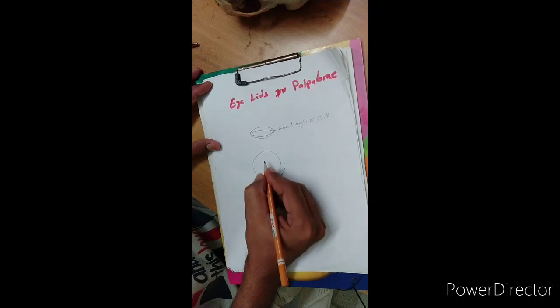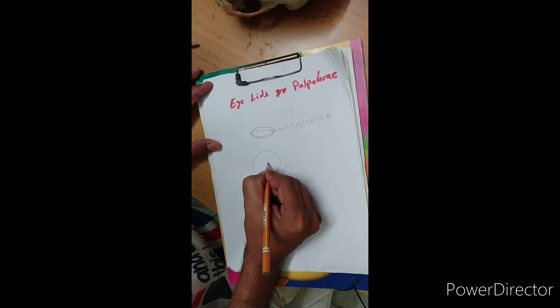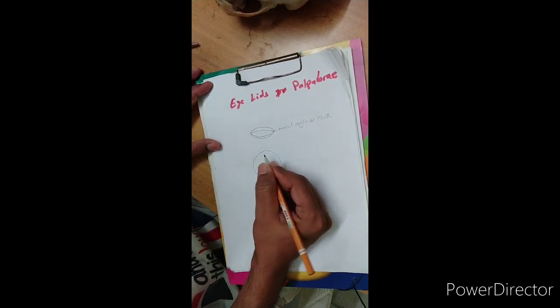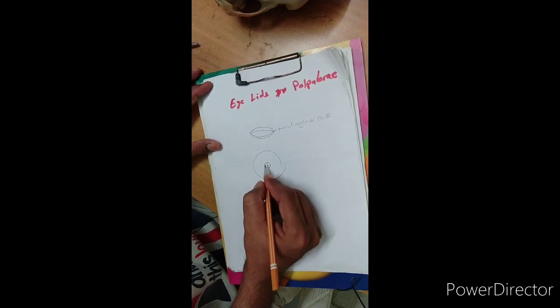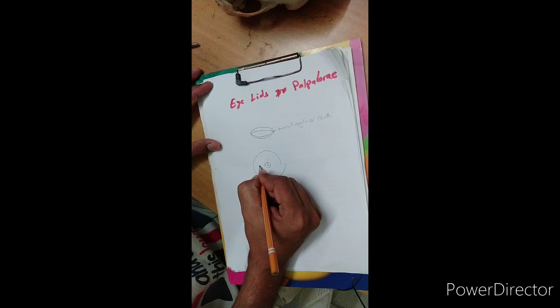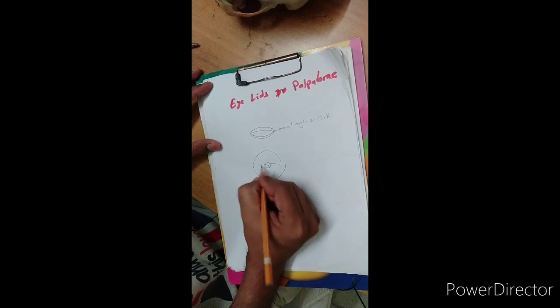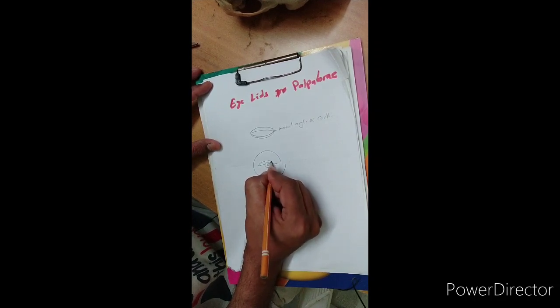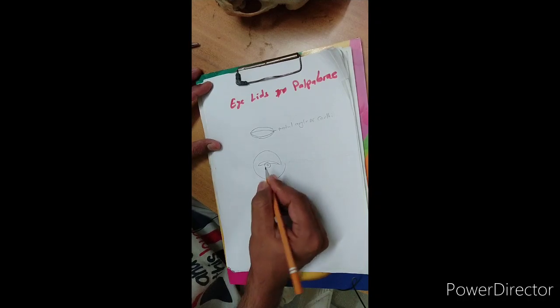And this is the cornea. Here, this is the pupil. Now, the upper eyelid passes and covers the cornea up to midway between the margin and the pupil, like this.